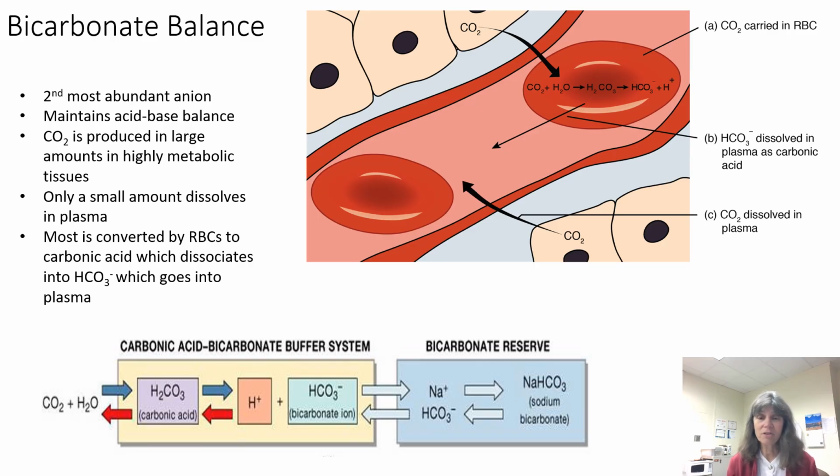The bicarbonate can be stored as sodium bicarbonate. The hydrogen ions can be excreted by the kidneys. So there's lots of different ways that these chemical reactions can be driven, and this is just one small picture in many.